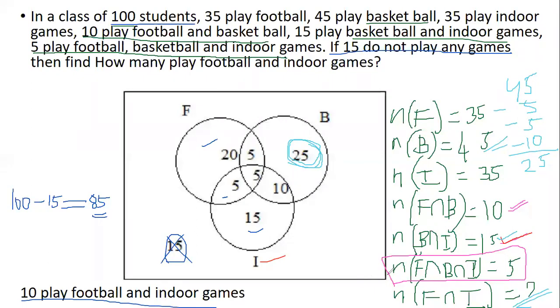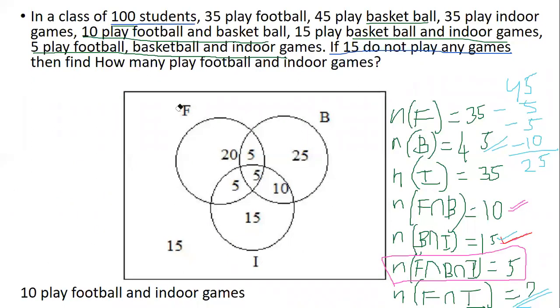Another thing you can do is use the formula A union B union C is equal to A plus B plus C minus intersections, and then you can find it using the formula. That also will work if you're not able to do it in the Venn diagram. So let us try that with the formula.